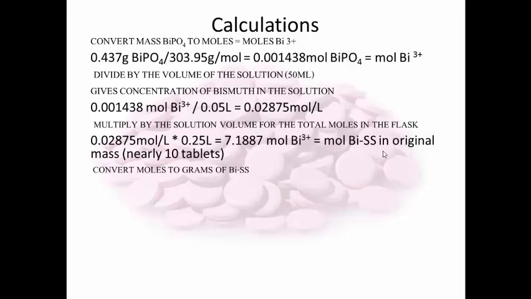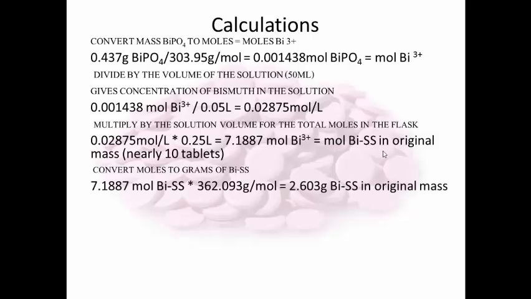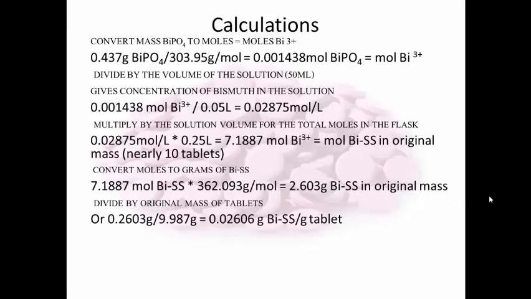Once you have moles of bismuth subsalicylate, you can convert that into grams using the molar mass of bismuth subsalicylate again. Now we have grams. Grams of our active ingredient in the original mass of the sample that we weighed out. If we divide this by the original mass of tablets that we used, we have a grams of bismuth subsalicylate per gram of the tablets that we used.